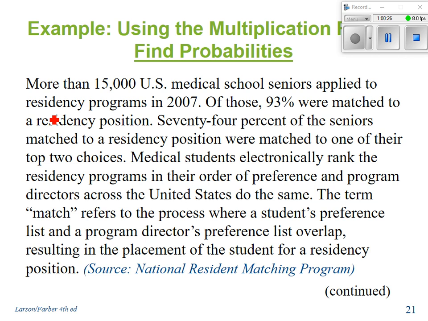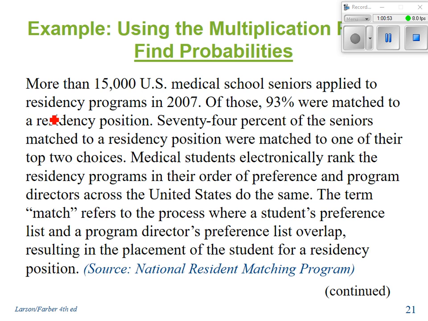So 93% of all people were matched somewhere. 74% were matched with one of their choices. The other people just got matched to wherever, and you don't throw a fit because you're lucky to get matched anywhere, because apparently 7% of the people didn't get matched to anybody, and they had to wait another year to do their residency.